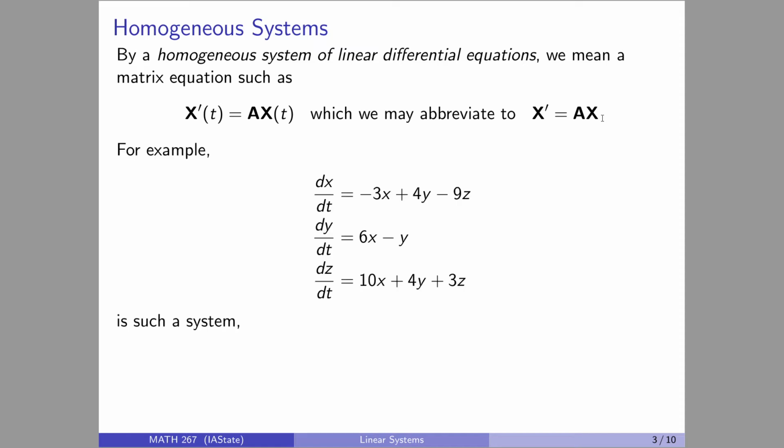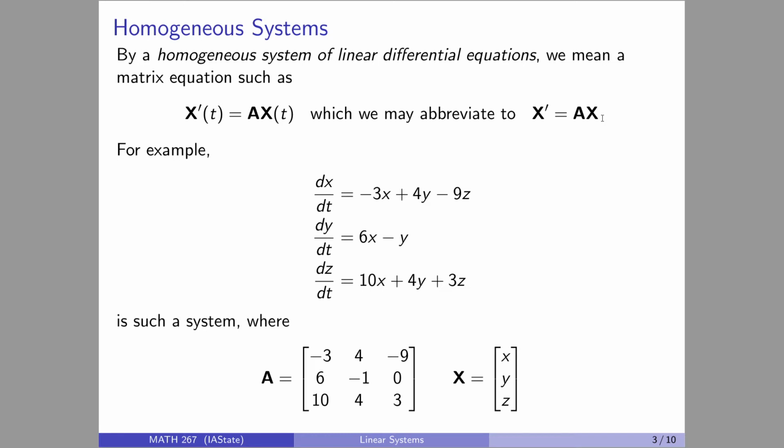For example, here is a homogeneous system of 3 linear differential equations, where A is the coefficient matrix, the terms multiplying the unknown functions: -3 for x, 4 for y, -9 for z; 6 for x, -1 for y, 0 for z; 10 for x, 4 for y, 3 for z.